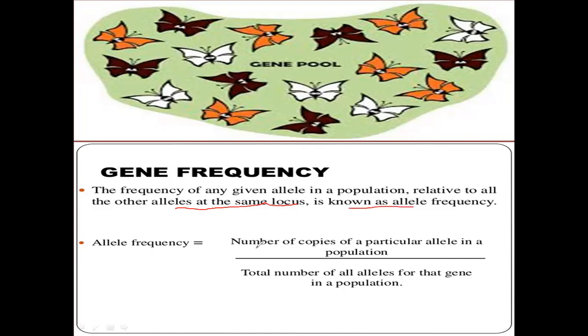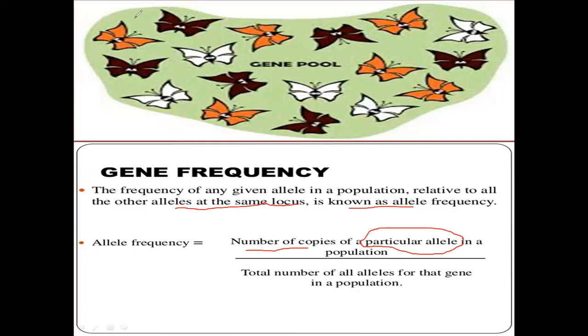Allele frequency is equal to the number of copies of a particular allele in a population upon the total number of alleles for that gene in a population. So remember the difference: number of copies of a particular allele; only particular is mentioned here. In a population, there are different types of alleles.